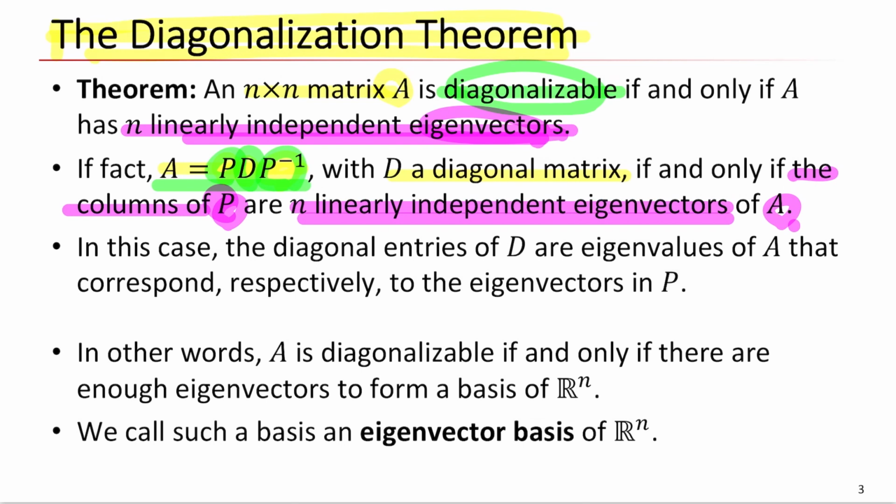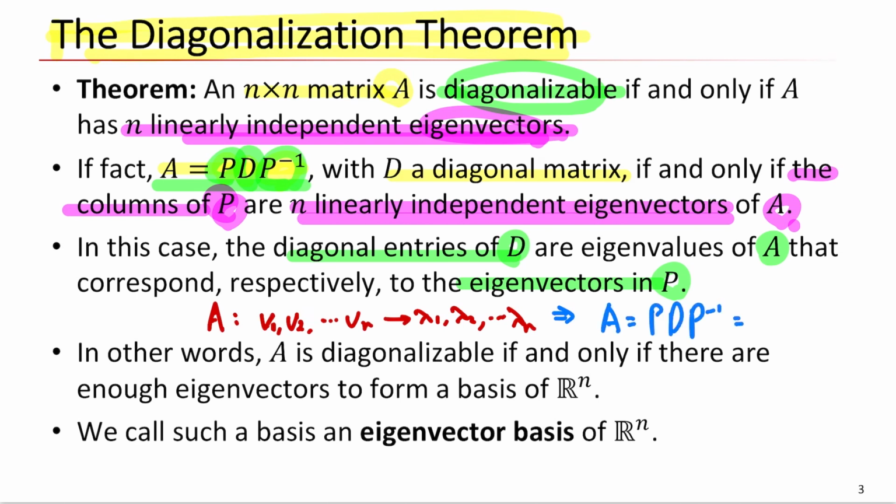In this case, the diagonal entries of D are eigenvalues of the matrix A that correspond to the eigenvectors of P. So in other words, if matrix A has n linearly independent eigenvectors, something like v1, v2, through vn, and let's say its corresponding eigenvalues are lambda 1, lambda 2, and lambda n, then we can decompose this matrix A as P D P inverse, where the columns of P are n linearly independent eigenvectors.